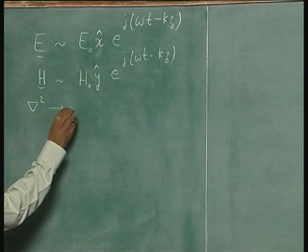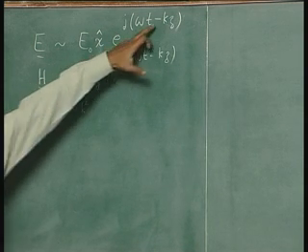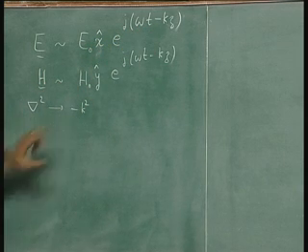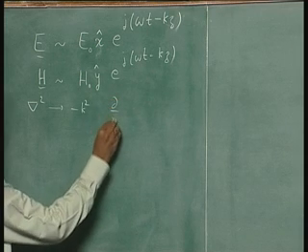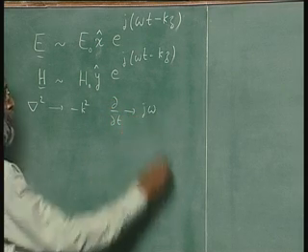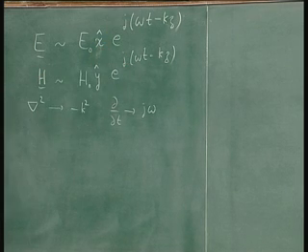Del squared will become minus k squared, because del del z will pull out a minus j k, and minus j k squared is minus k squared. Del t will go to j omega, because when I differentiate with respect to t, I will pull out a j omega.